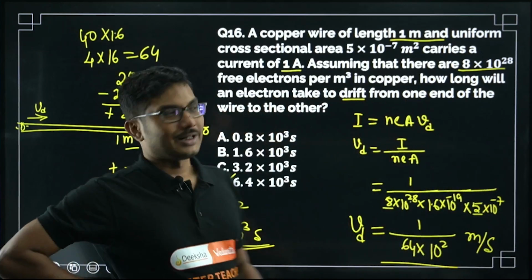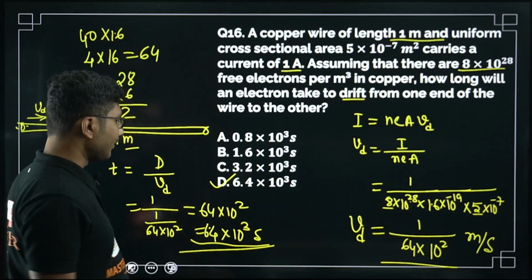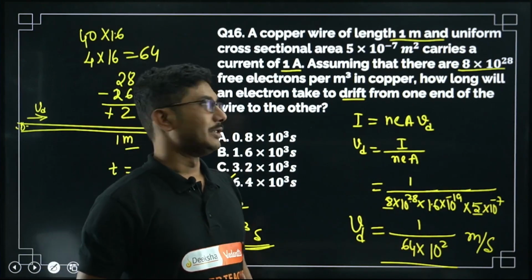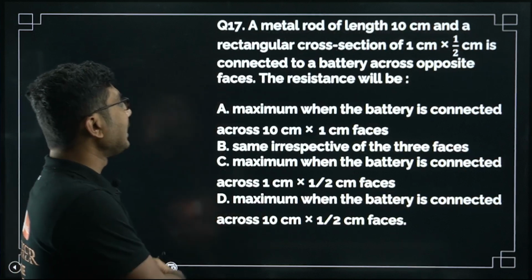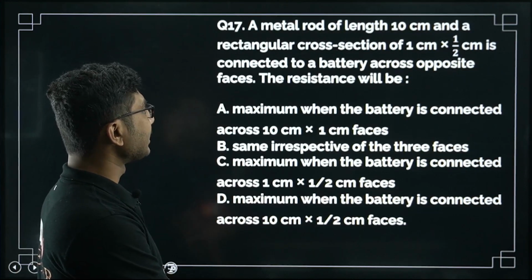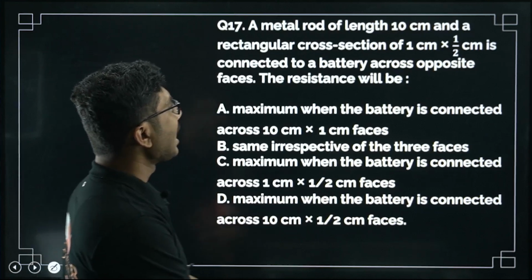That's why this kind of problem is considered very important, because it gives you an idea that the electron drifts very slowly.